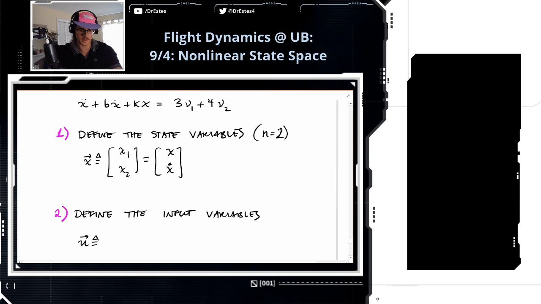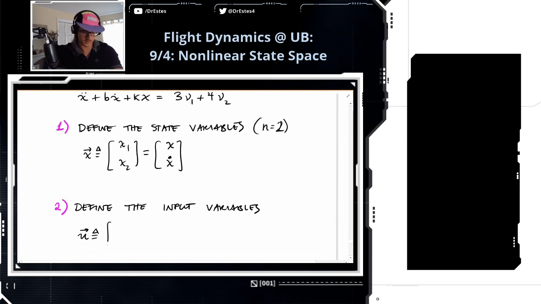Now we're going to define the input variables. Just call them U1 and U2. There's 2 inputs in this case, and those are equal to nu 1, nu 2.